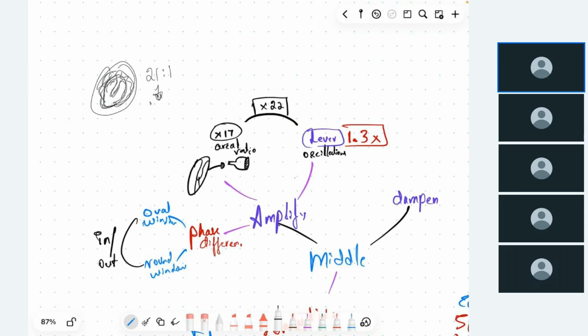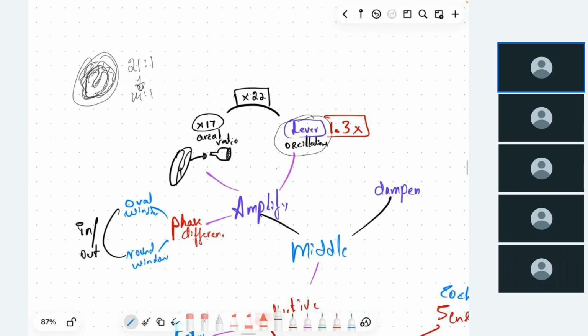So the product of the areal ratio and lever ratio of ossicles gives us the ratio of 18:1. And due to this lever action and the areal ratio, there is 22 times amplification of sound. The total transformer ratio will be 22 times.